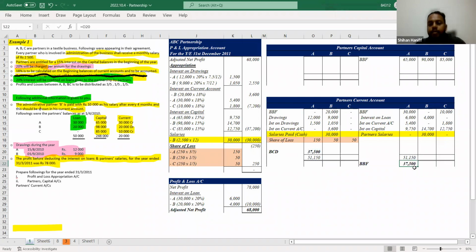That is the balance of A. Then if you take B, debit side is more. So you take total debit. $10,000.